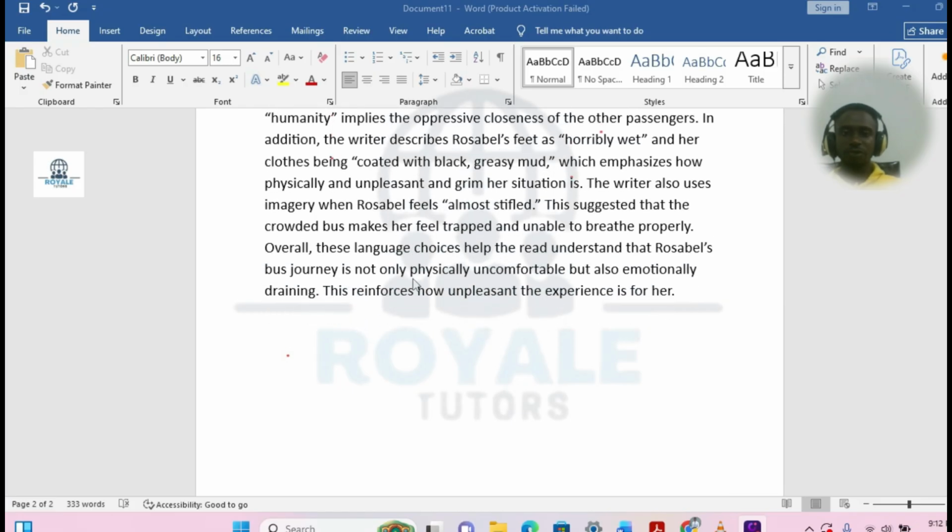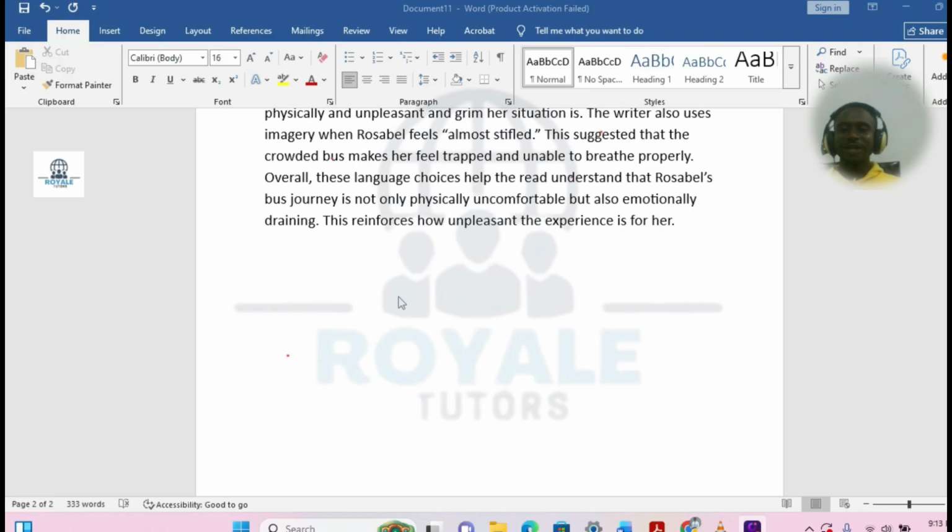That is exactly what it suggests. Overall, this is the last sentence that ties everything together: these language choices help the reader understand that Roosevelt's bus journey is not only physically uncomfortable, but also emotionally draining. So this reinforces how unpleasant the experience is for her.